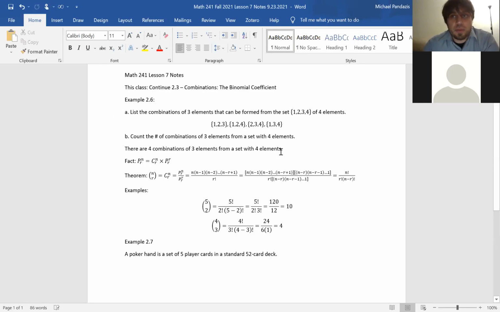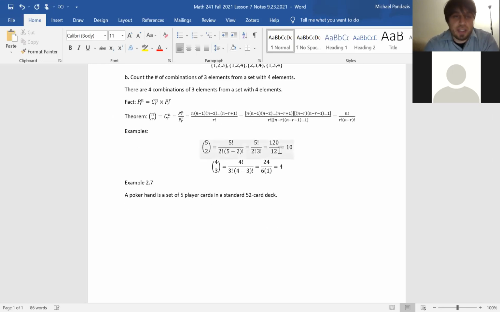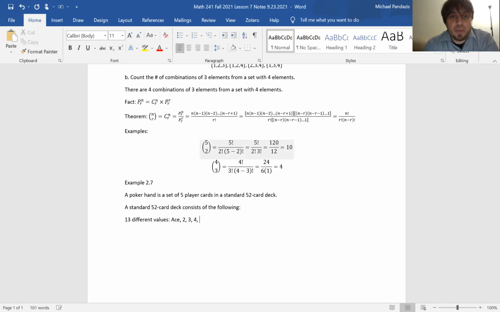So I think I already told you what the standard 52 card deck consists of. I'll remind you, a standard 52 card deck consists of the following. You have 13 different values, and those values are ace, 2, 3, 4, 5, 6, 7, 8, 9, 10, jack, queen, and king.